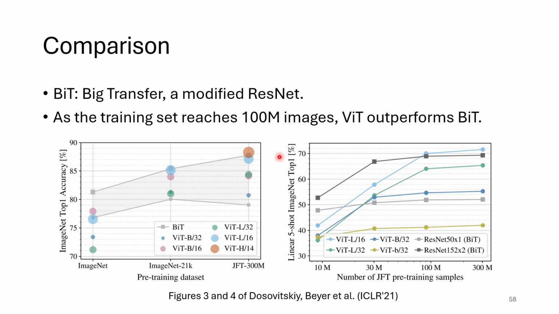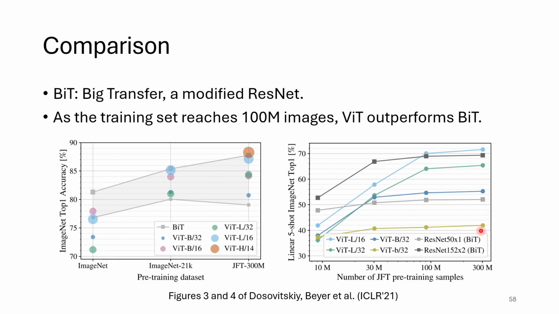They also show this comparison across 3 different data sets. If they only use the single JFT data set and a different number of training images, what will happen? They found that when they increase the number of training images, the performance of the vision transformer improves.